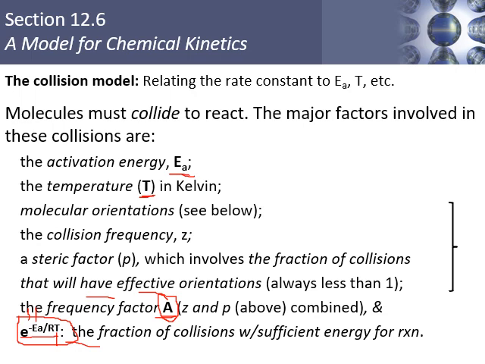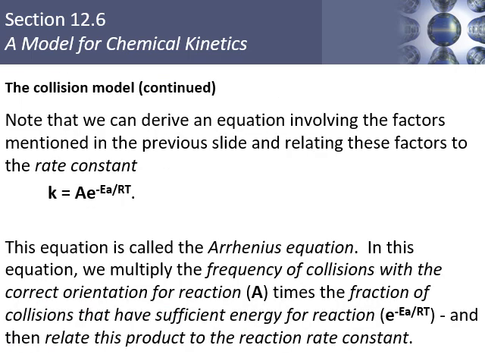Okay, so let's go on to the next slide and look at this some more. So here is our expression including the K. K is just two different things multiplied together: the frequency factor, A, times this exponential term that tells us how many of the collisions have enough energy. So A is how many collisions have the right orientation, and e to the minus EA over RT is how many of them had enough energy.